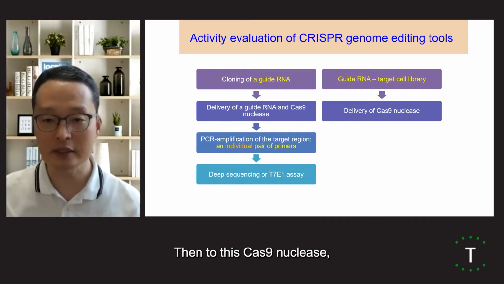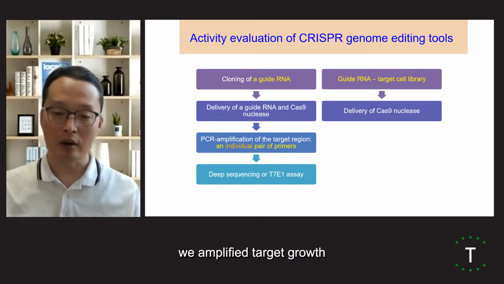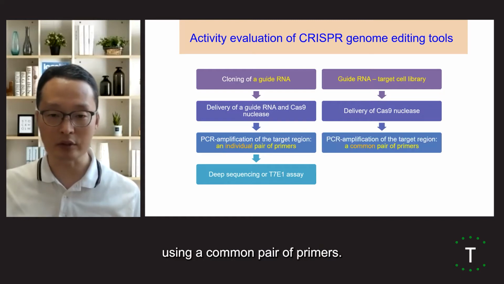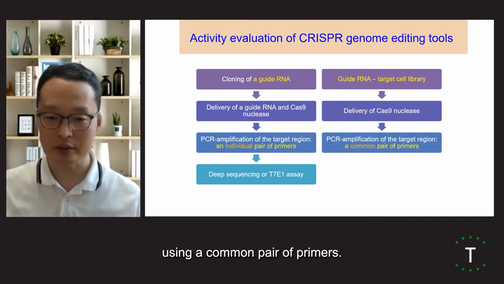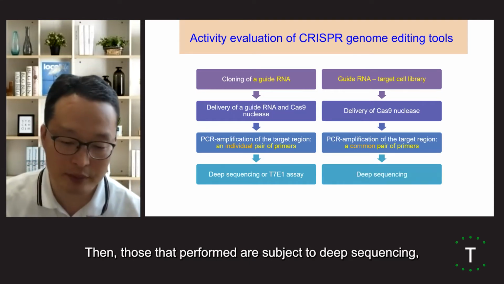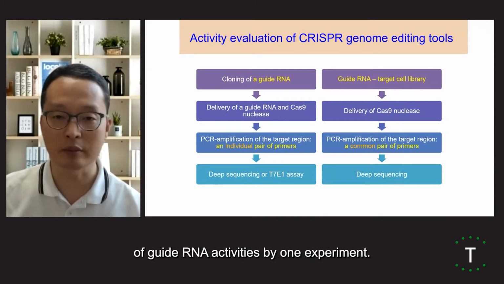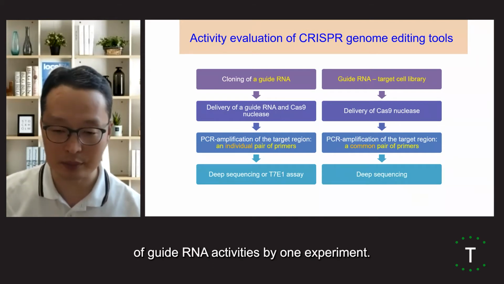Then we amplified the target sequence using a common pair of primers. Then those amplicons are subjected to deep sequencing to evaluate tens of thousands of guide activities by one experiment.